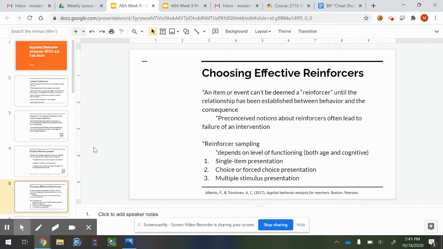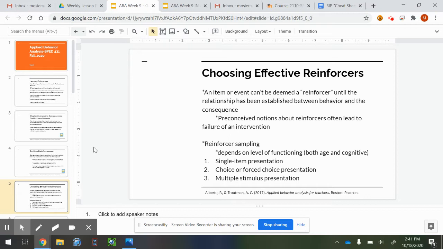It's important to understand how to choose effective reinforcers. So you truly can't call an item or an event a reinforcer until you know that there is a relationship that has been established between the behavior and the consequence. Therefore, if a reinforcer or an item or event does not elicit the desired behavior, then we cannot consider it a reinforcer.